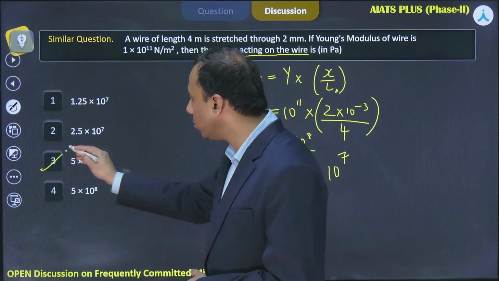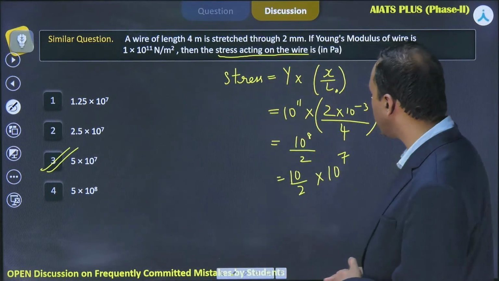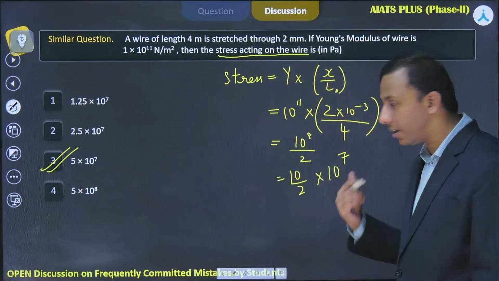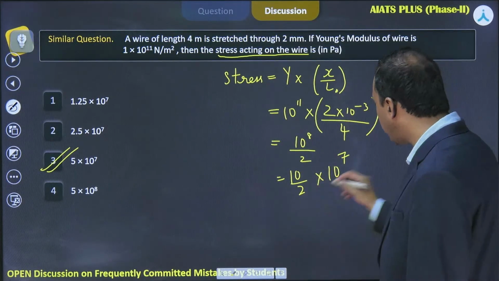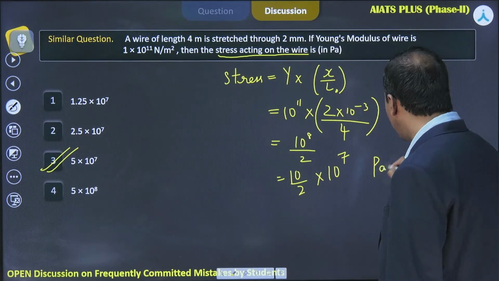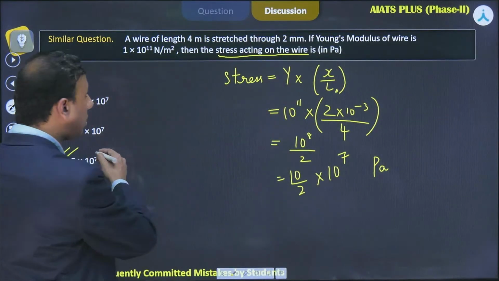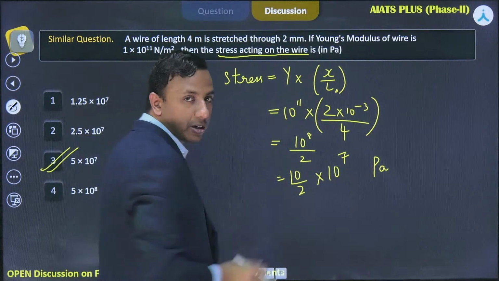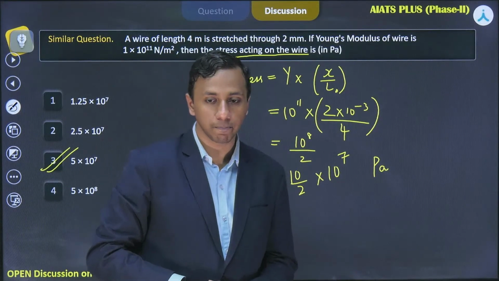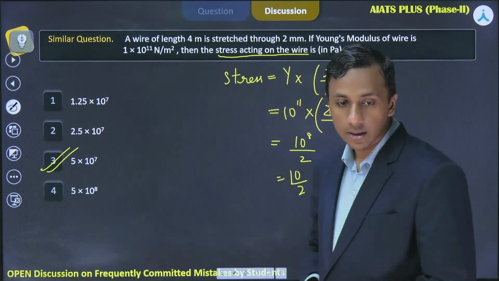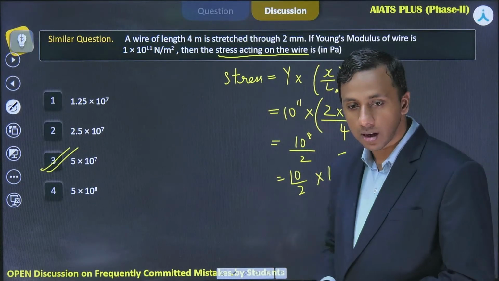So 5 into 10 raised to the power 7. Let me write the unit as well. The unit will be in Pascal. You can write Pascal over here, or in the question itself it has been written Pascal. Yes, Akansha, the answer would be 1.25.